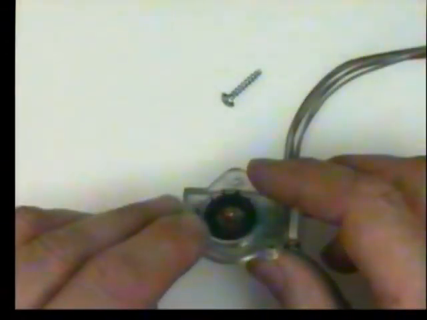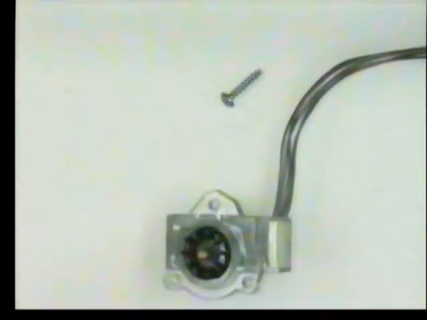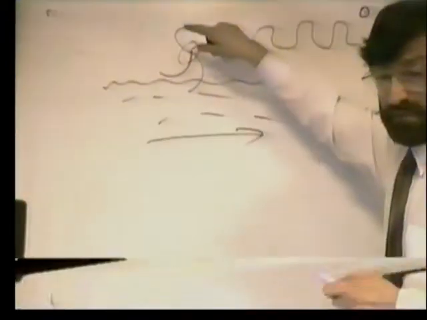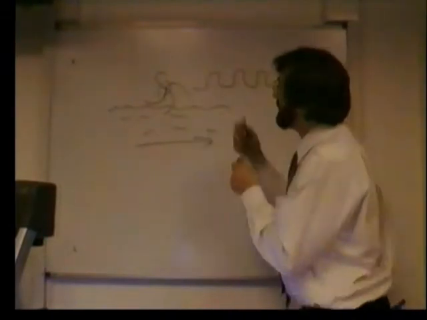Well, this material here is a ferrite material. So what we require, if we have our paddle wheel rotating, these are ferrite materials.